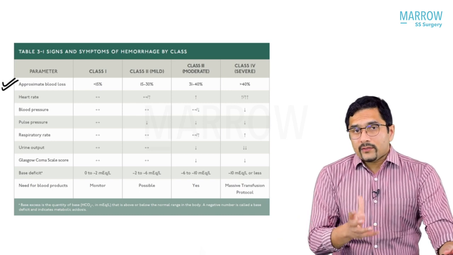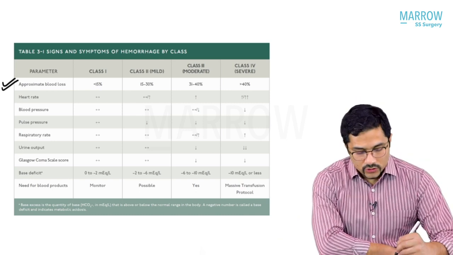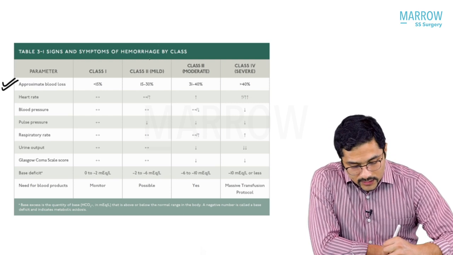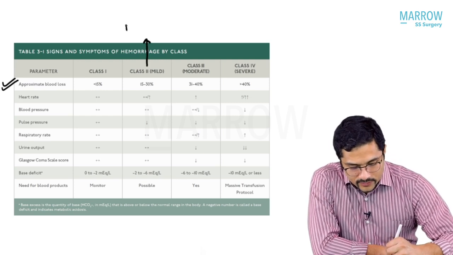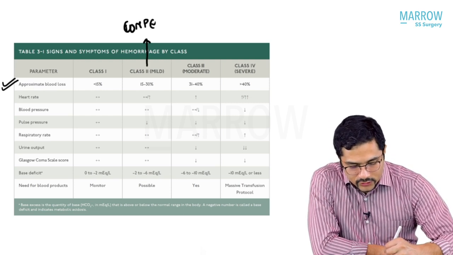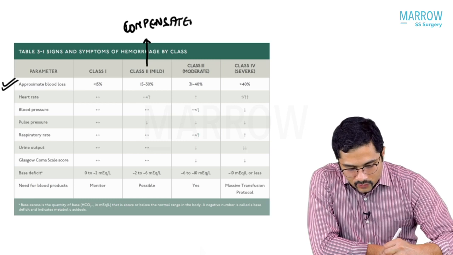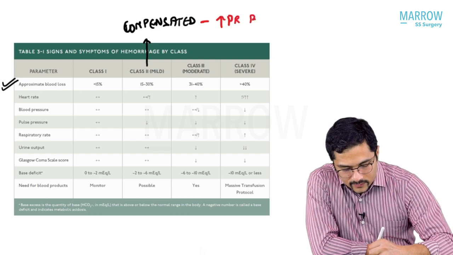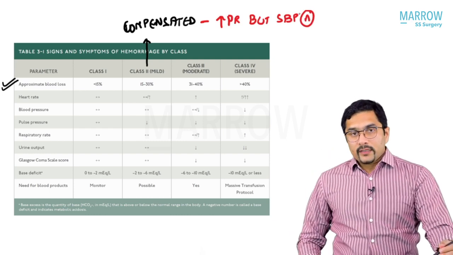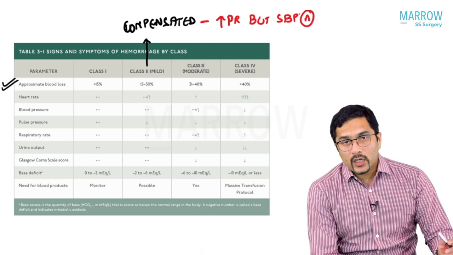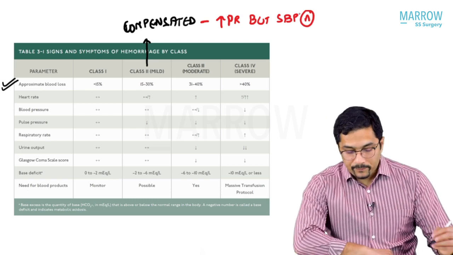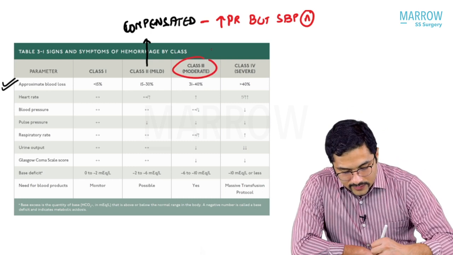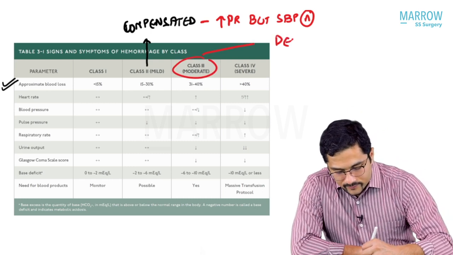So, this is the table I have just told you. In class 1 shock, parameters don't change. Class 2 is 15 to 30%. This is known as compensated shock. In compensated shock, there will be increase in pulse rate, but systolic BP is normal, that is compensated.